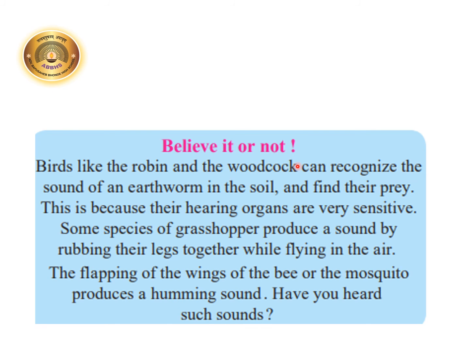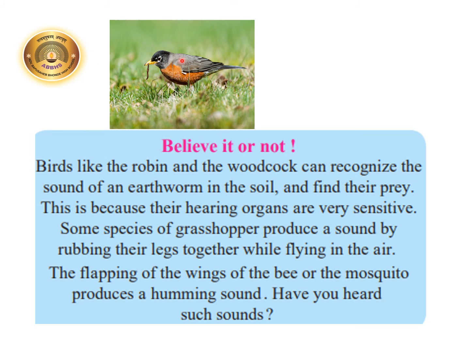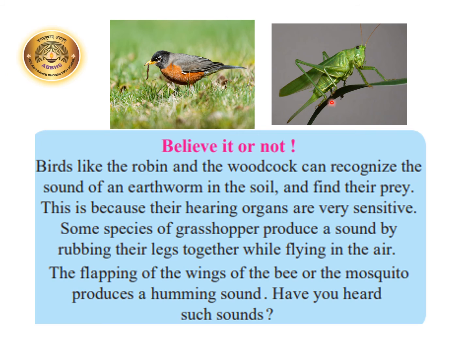Believe it or not. Do you know birds like the robin and the woodcock can recognize the sound of earthworms in the soil and find their prey? This is because their hearing organs are very sensitive. Now this is a grasshopper.